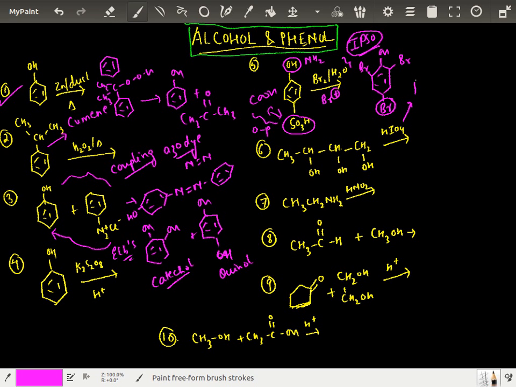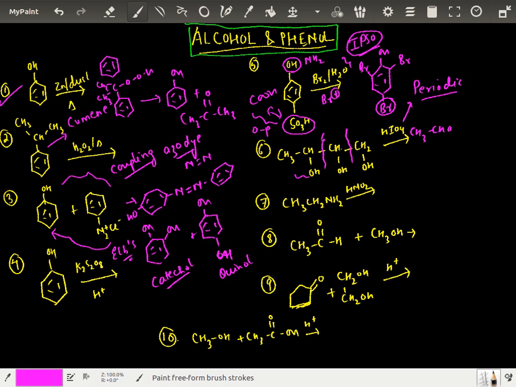Next is the periodic acid oxidation. Now when we talk about periodic acid oxidation, it breaks at every adjacent carbon-carbon bond containing OH, and every fraction is oxidized to the next higher level. So the first fraction will be oxidized to the next higher level, which is the aldehyde.